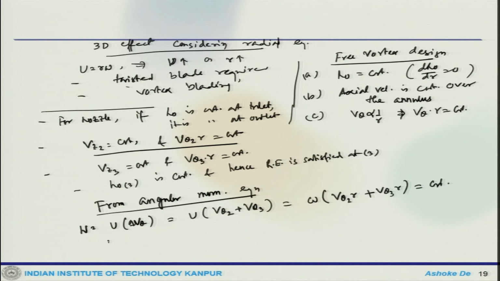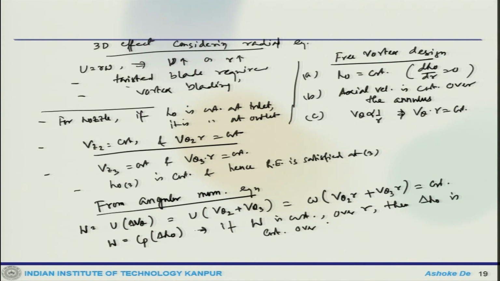Now, also W equals Cp delta H naught. So, if W is constant over r, then delta H naught is constant over r. So, hence H naught 3 is constant over r. Okay.